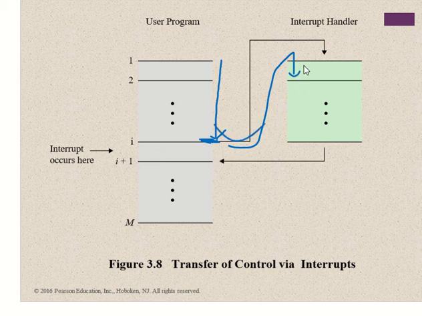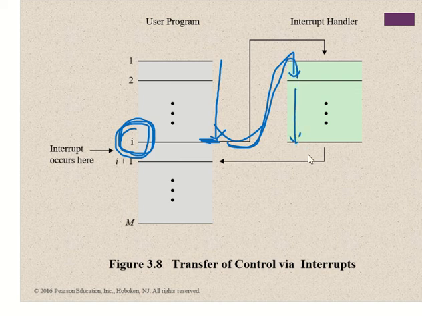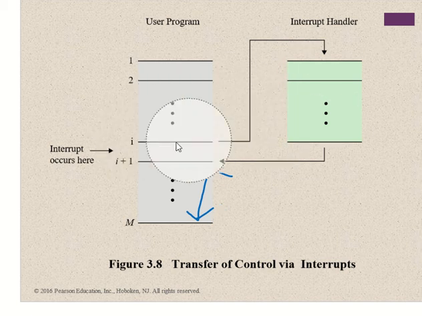Before it goes, it saves the context of the instruction being executed in the buffer, and then it goes and executes the interrupt handler. After finishing the handler, it comes back and resumes its pending operation. So this is the transfer of control via interrupts.